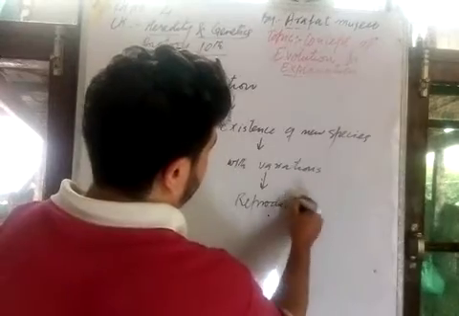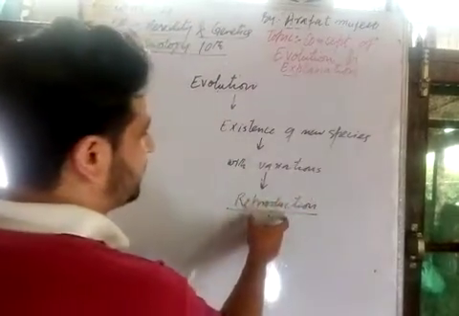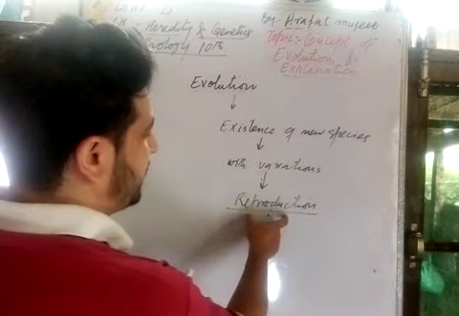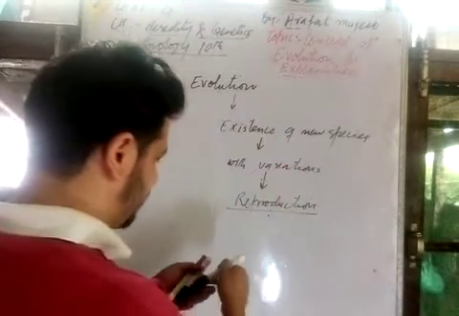Variation takes place by reproduction and existence of new species.